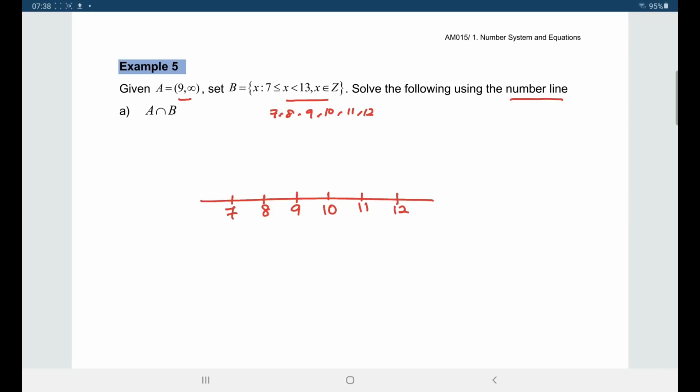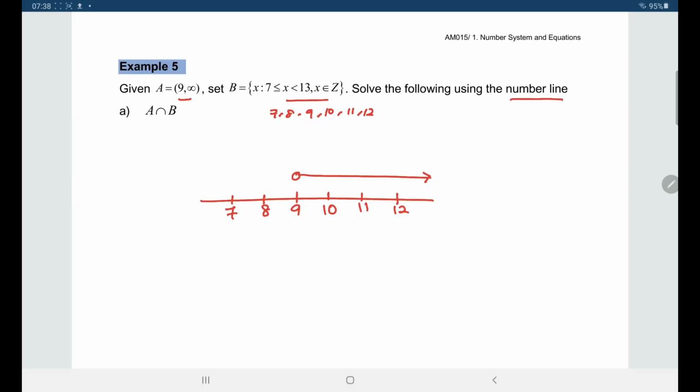Represent the first interval on the number line. For A, infinite interval 9 to infinity. So we draw the line from number 9 to the right. At number 9, empty circle because number 9 is not included.